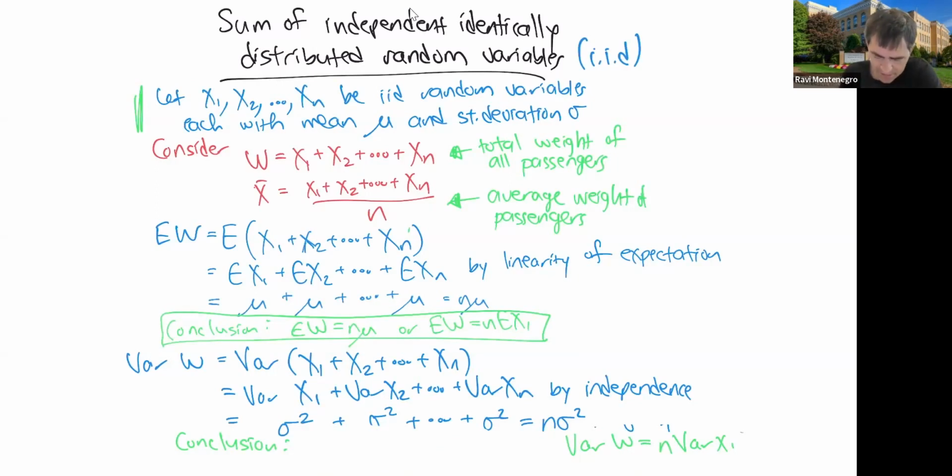Okay, so the more concise one on the left side, so variance is standard deviation squared. So sigma of W would be the square root of n sigma squared. Or if I wrote it in terms of variance, I would get that other formula.